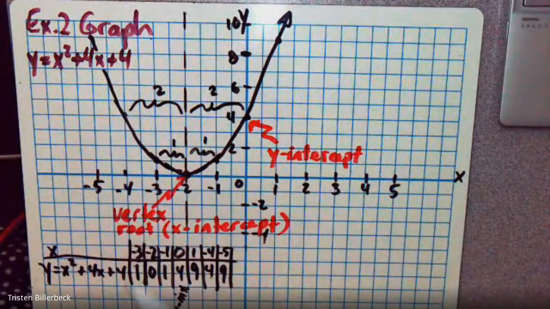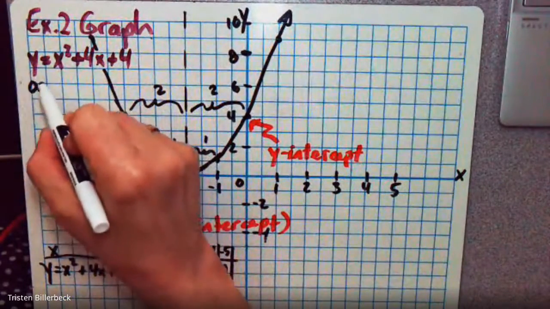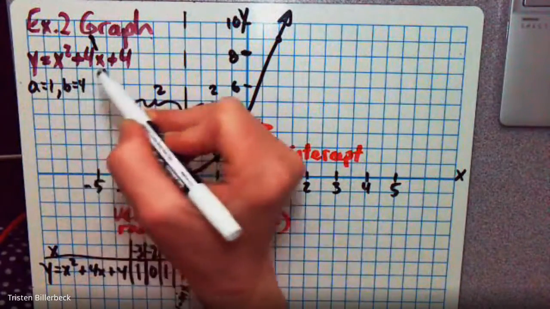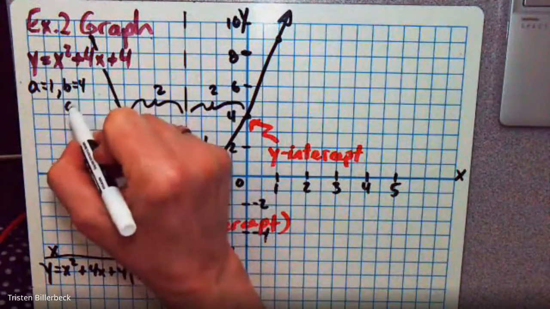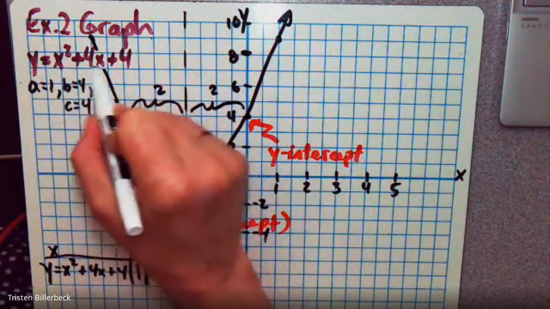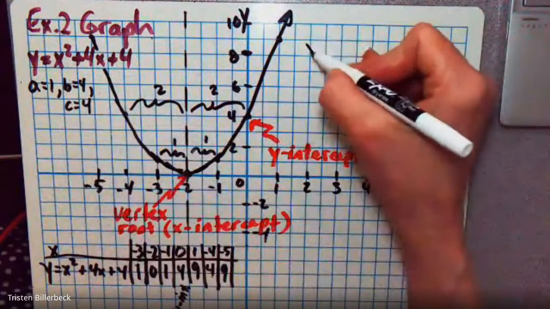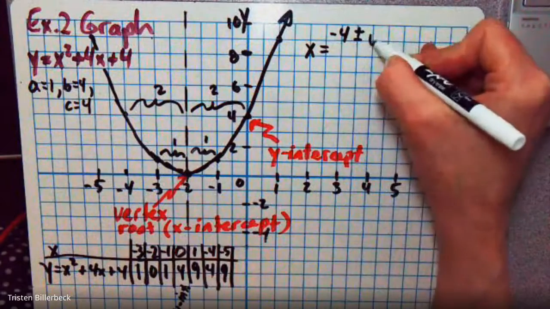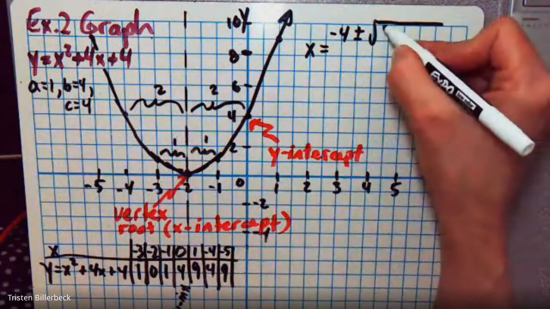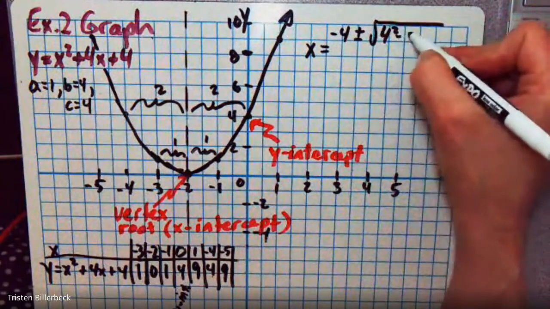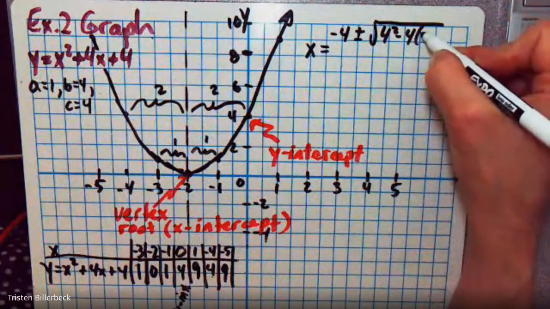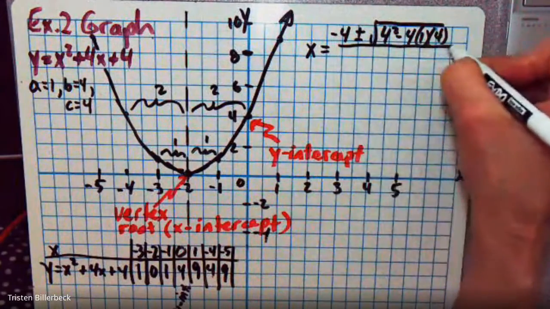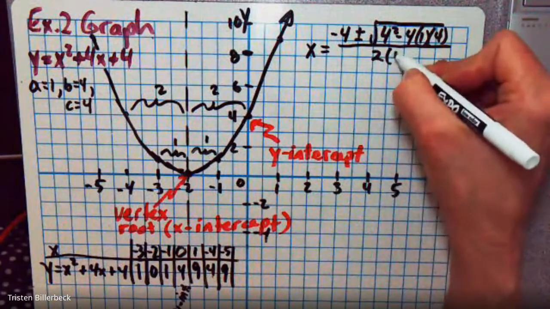All right, so we have a equals 1, b equals 4, and c equals 4 when we look at these numbers from here. So our quadratic then is -4 plus or minus the square root of 4 squared minus 4 times 1 times 4, all over 2 times a, which is 1.